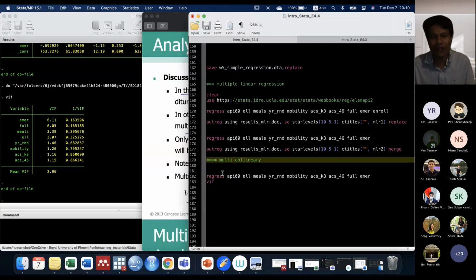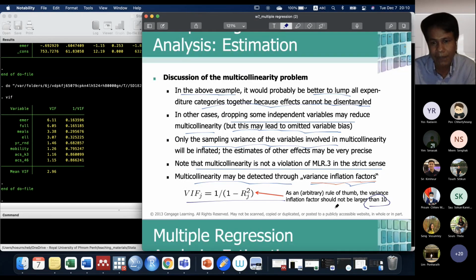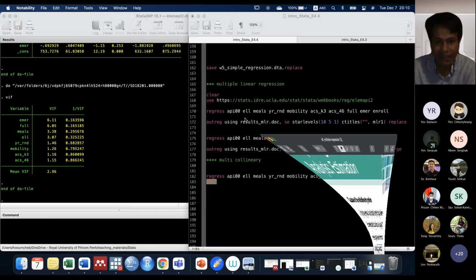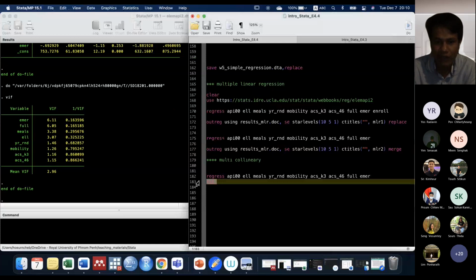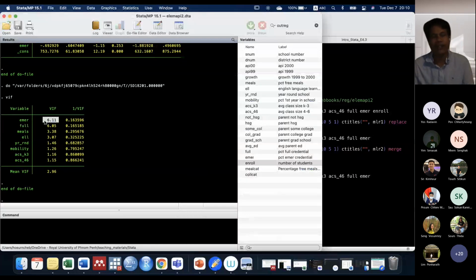If there is multicollinearity, the standard error is large. So to detect multicollinearity, you run the regression and VIF. As from the lecture, if the VIF is higher than 10, there is multicollinearity. Here, after you run VIF, you see that the highest score is 6.11, below 10. Then there is no multicollinearity in your regression.